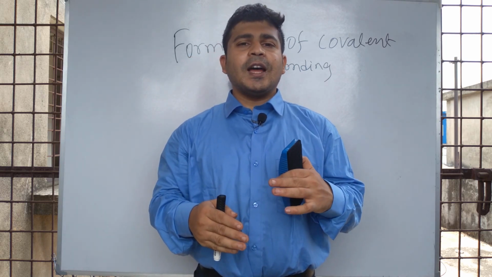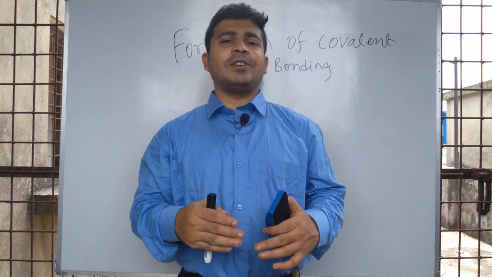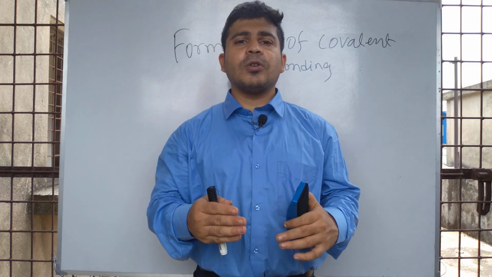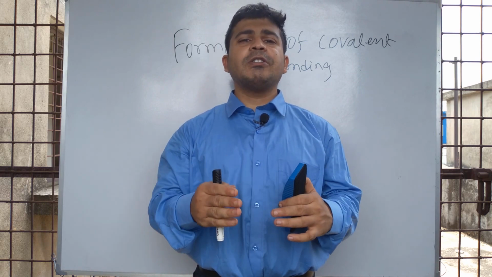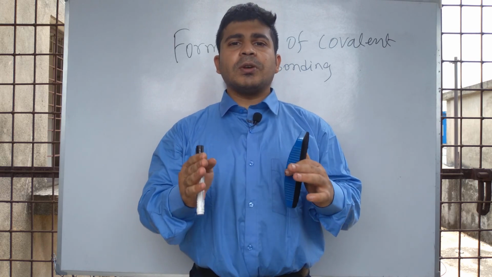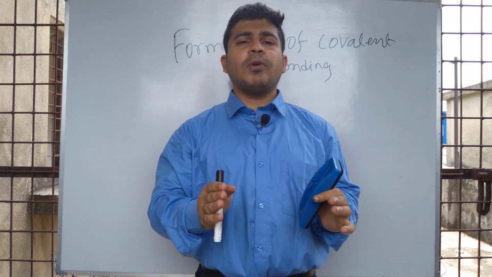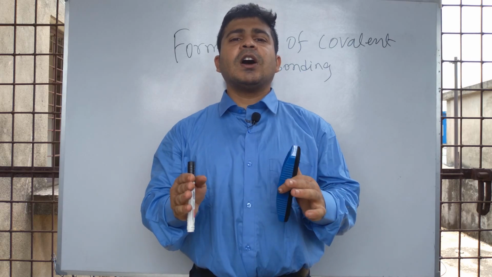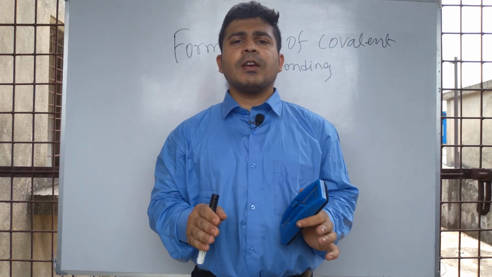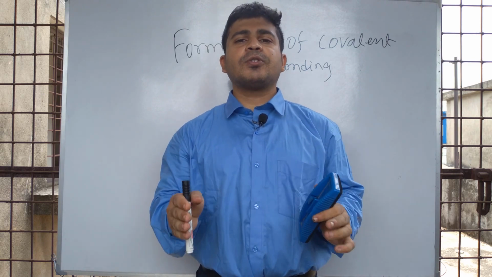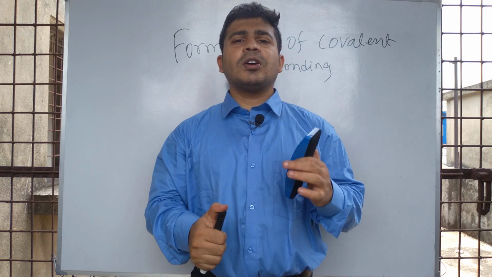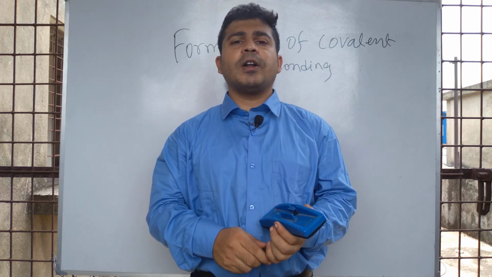Because to attain stability, to attain inert gas configuration, that means octet, to get 8 electrons in their outermost shell, those atoms that are participating in covalent bond formation are sharing their electrons to attain the nearest noble gas or inert gas configuration. So this is the main point of formation of covalent compounds.